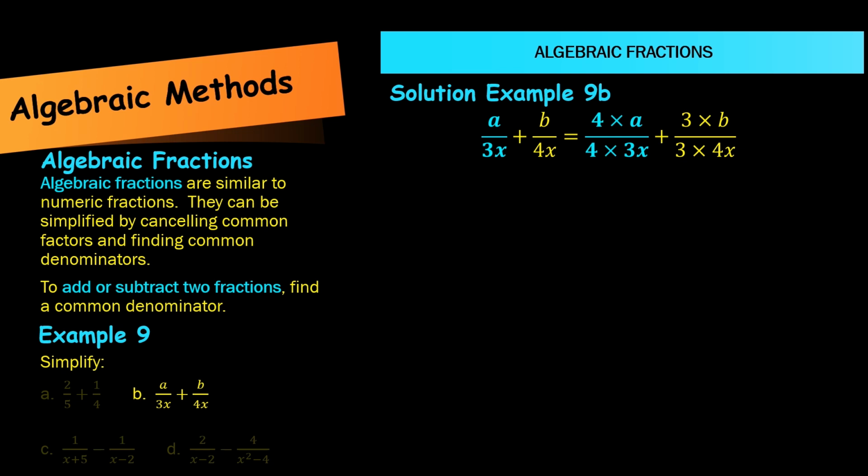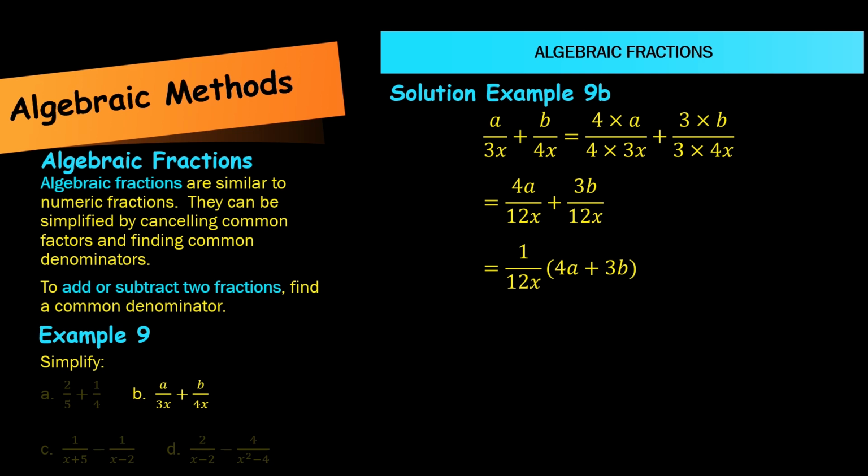And for the second fraction, we multiply both the numerator and the denominator by 3 to give 4a/12x plus 3b/12x. And this, of course, gives us 1/12x times 4a plus 3b.